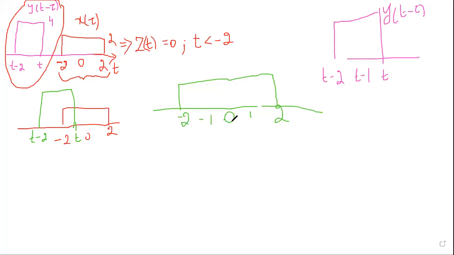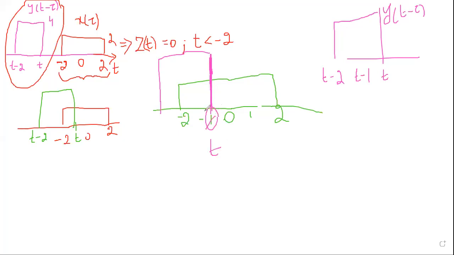Now I want to move this y of t minus tau by one position. One position means it will sit at 1 minus 1 here. So my lowermost value of y of t minus tau will be at minus 1.